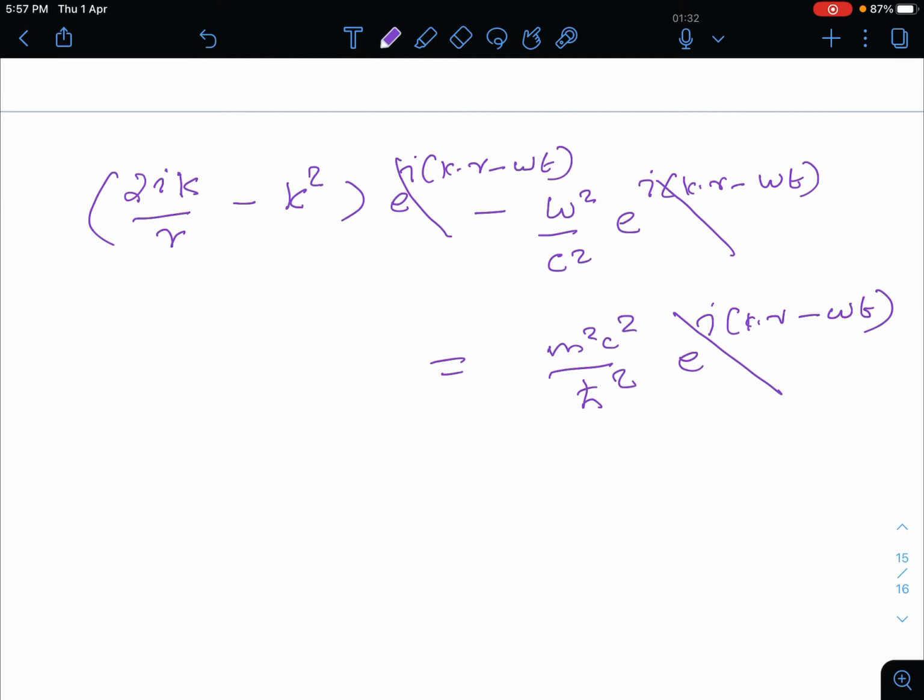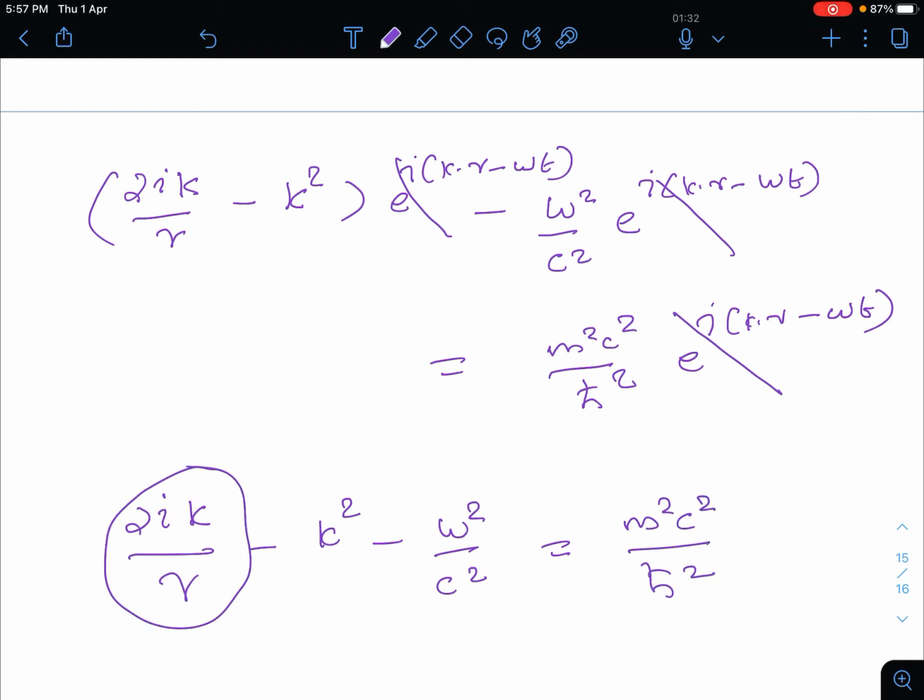Now you get 2i k by r minus k square minus omega square by c square is equal to m square c square by h cross square. Now you see you have an imaginary part and you have some real part.